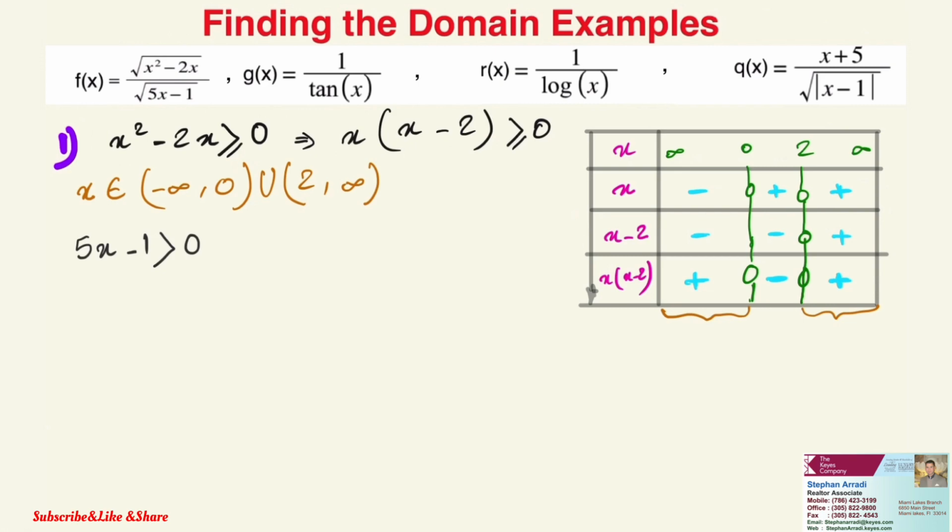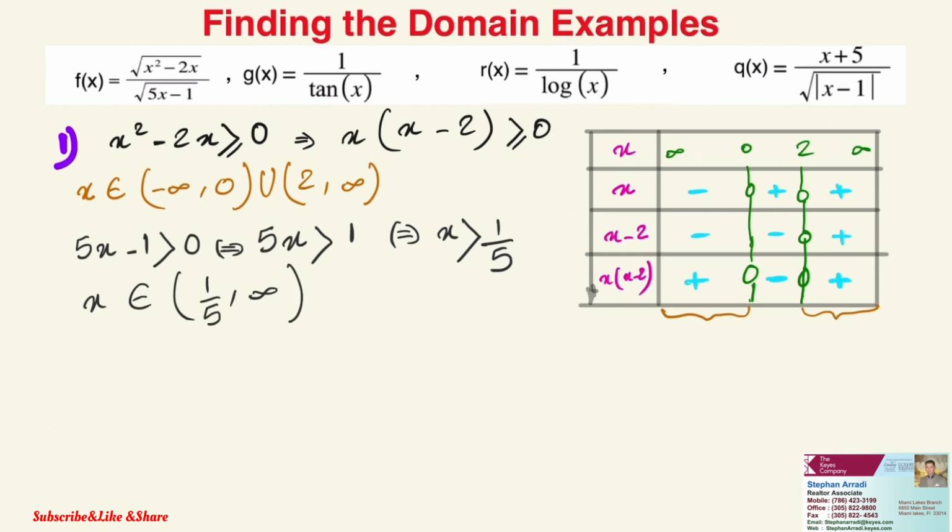So it's going to give us 5x greater than 1, therefore x should be greater than 1 over 5. So this one will be: x belongs to (1 over 5, plus infinity).